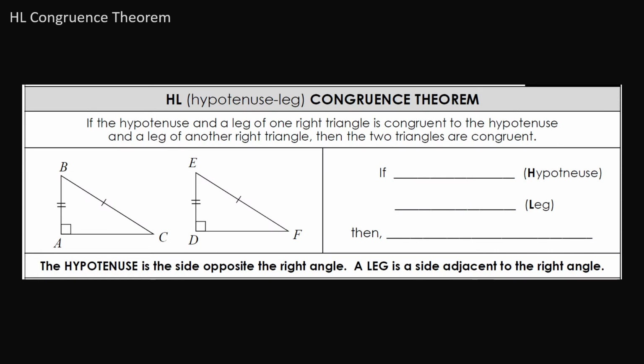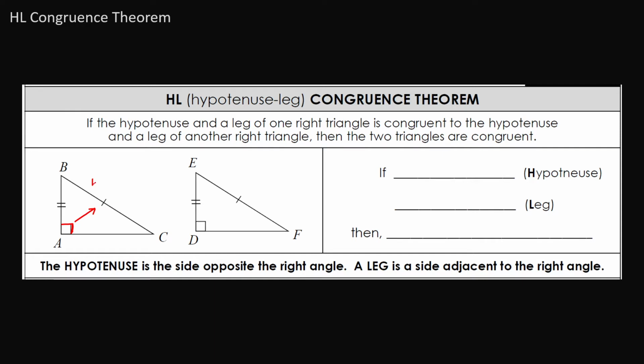So, like I said, the HL congruence theorem is the hypotenuse leg congruence theorem. Let's quickly remind ourselves of the anatomy of a right triangle. Obviously, there is the right angle. The hypotenuse of a right triangle is the side that is directly across from the right angle.